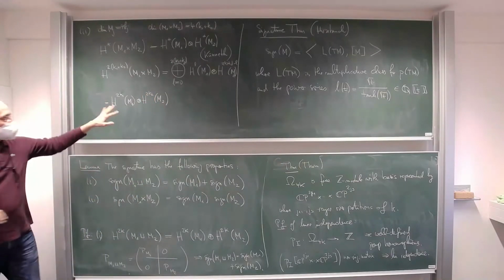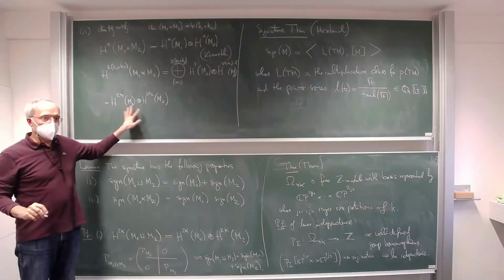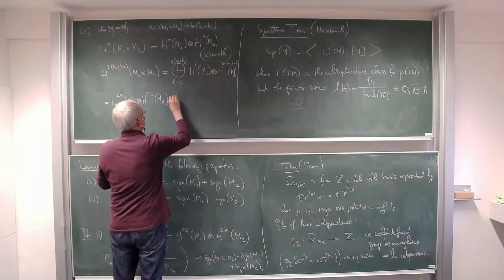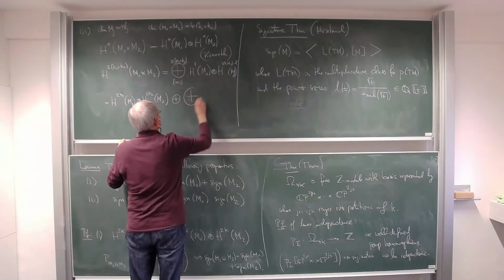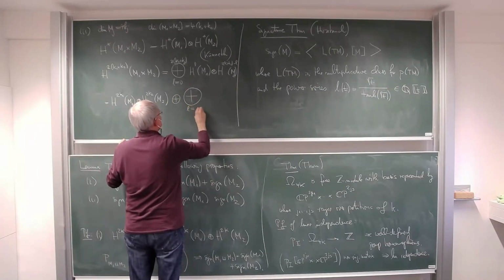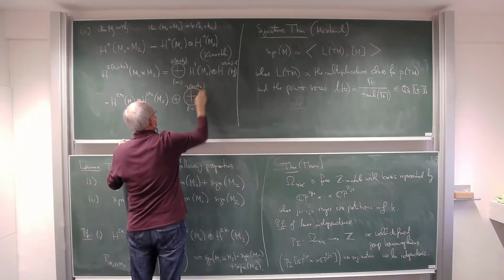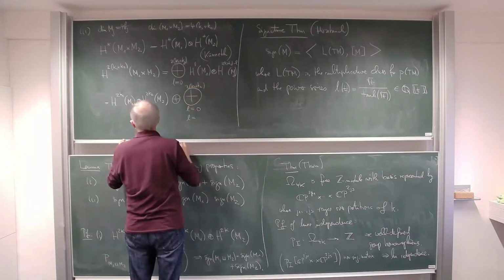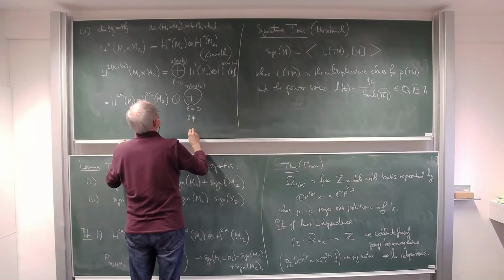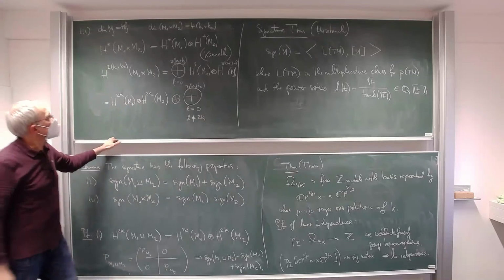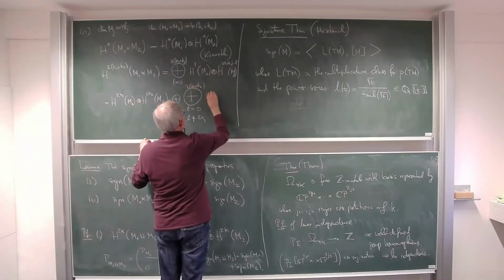This is where our Poincaré bilinear forms for the individual factors live. And then there's the rest. Here I leave out the term where L is equal to 2k1. And I have what I have here.